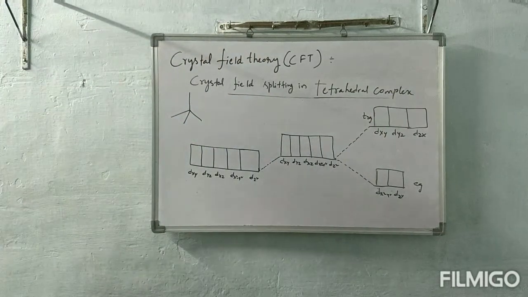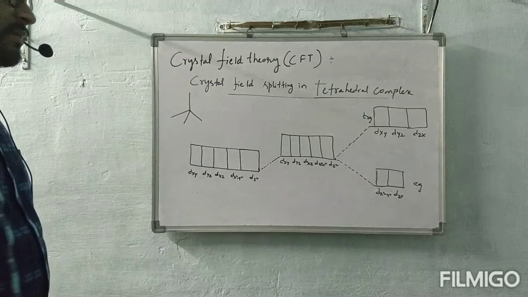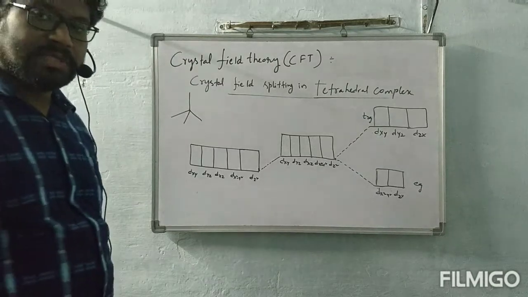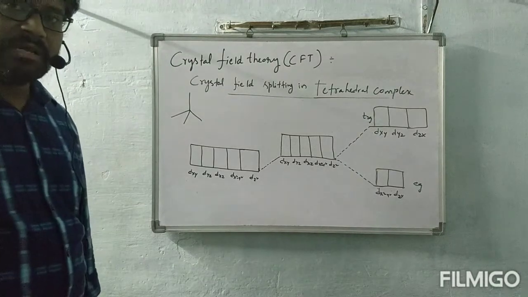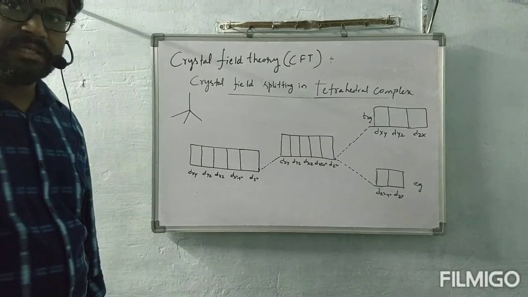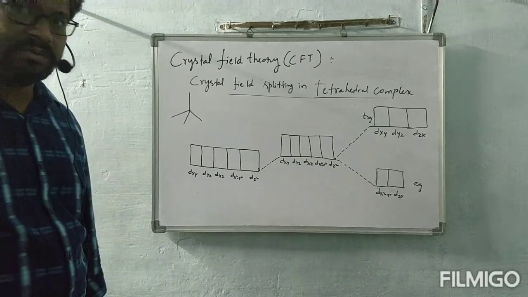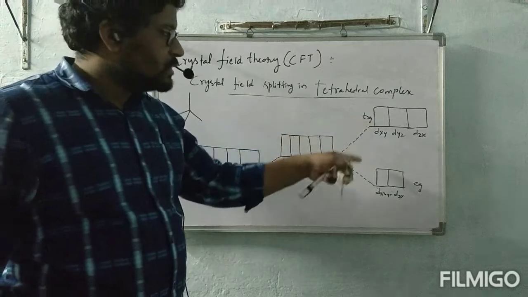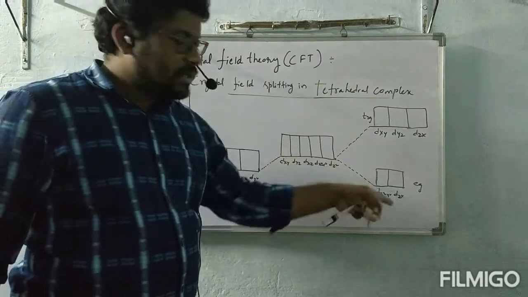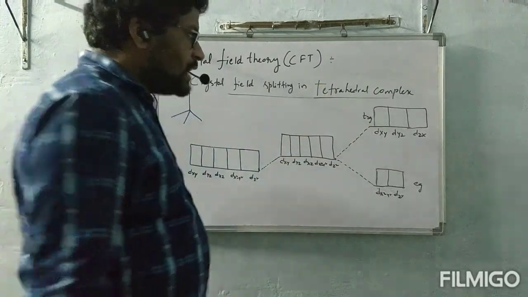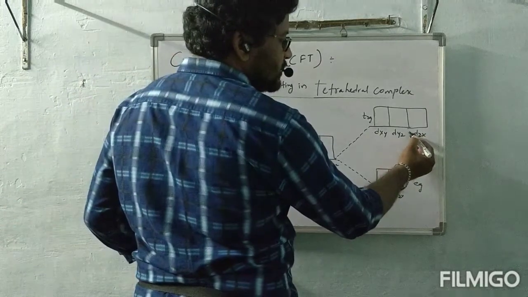Now, which orbitals contain lobes in between the axes? Those orbitals' energy will increase because of the high repulsion between the ligands and those orbitals. Those orbitals get high, and these orbitals get low.